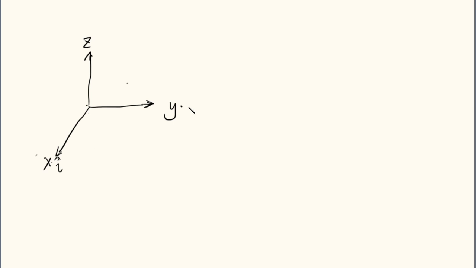The unit vector along axis Y is J roof. Along axis Z is K roof. So we have a vector A.